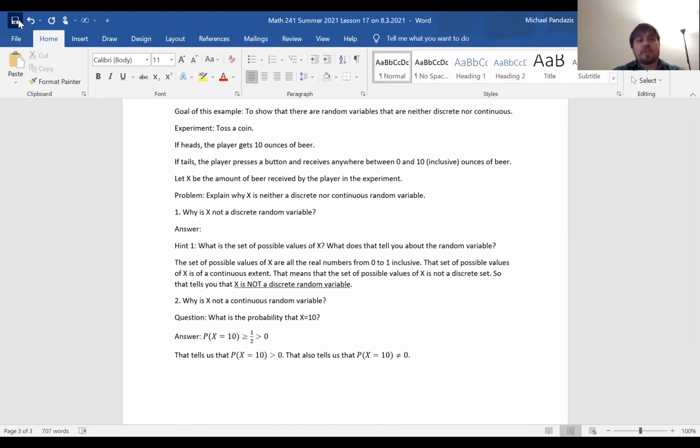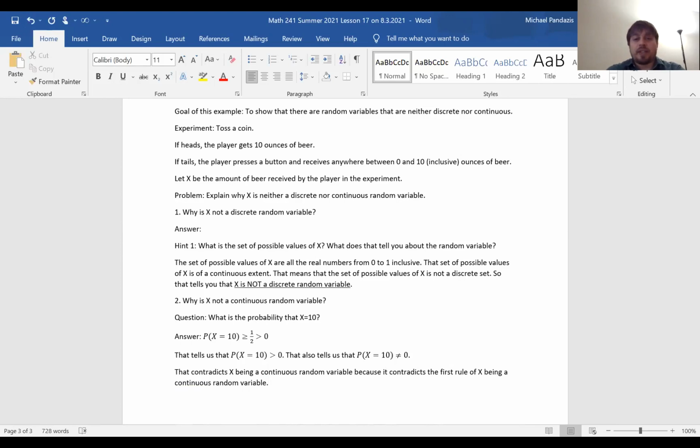So the probability that x equals a fixed number is not equal to 0. If you have a continuous random variable, then the probability that x equals any fixed value has to be 0. But here, it doesn't equal 0. That contradicts x being a continuous random variable because it contradicts the first rule of x being a continuous random variable, the rule I said earlier.